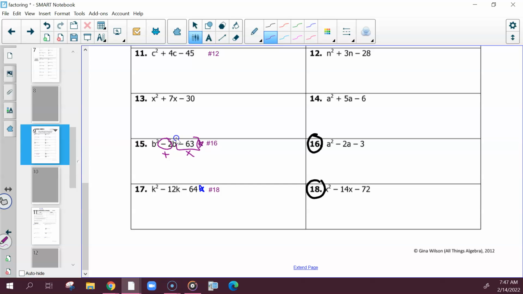So first, let's think of some factors of 63. 1 and 63. 3 and 21. 3 and 9.